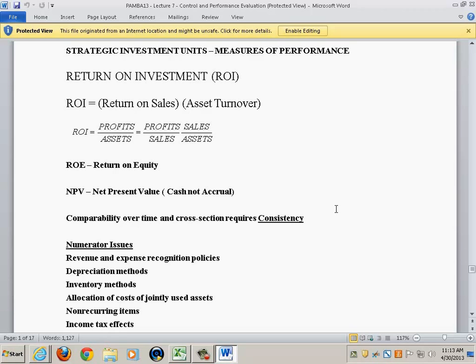So 16% of the value of the assets you invested has been returned to you as the investment center in profits. So obviously, the higher the better. You wish a higher return. The higher the return in terms of profits or investments, the better the performance is.